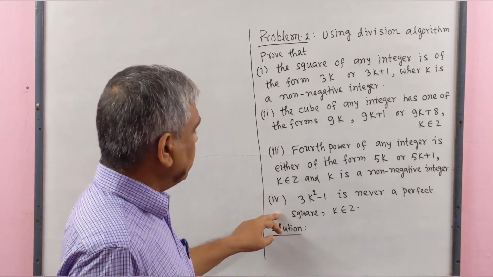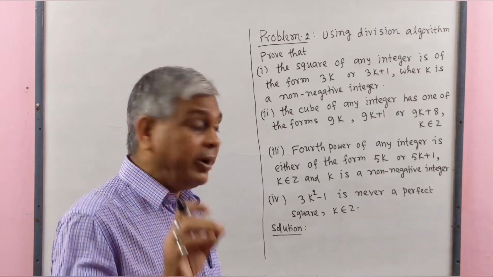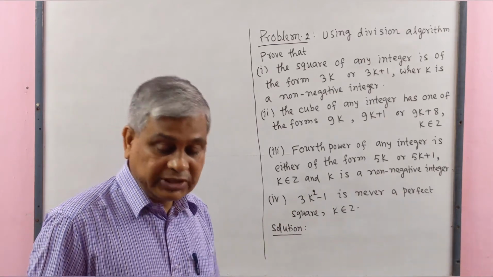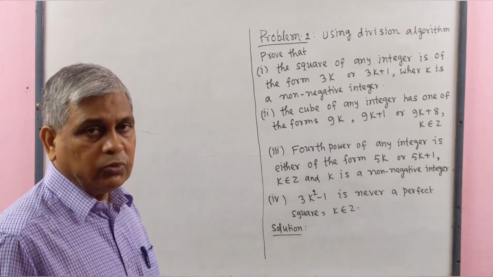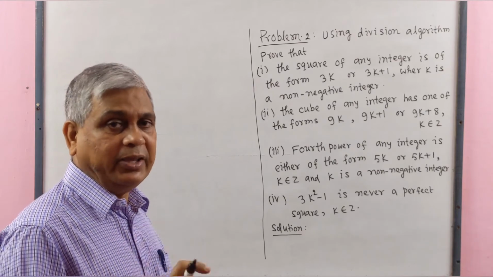Number 4, 3k square minus 1 is never a perfect square, k belongs to Z. Now we solve all problems one by one.